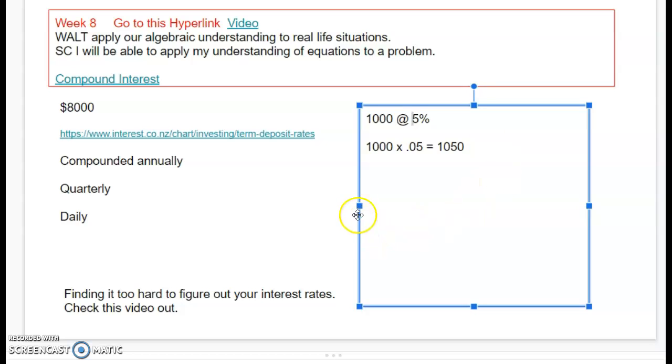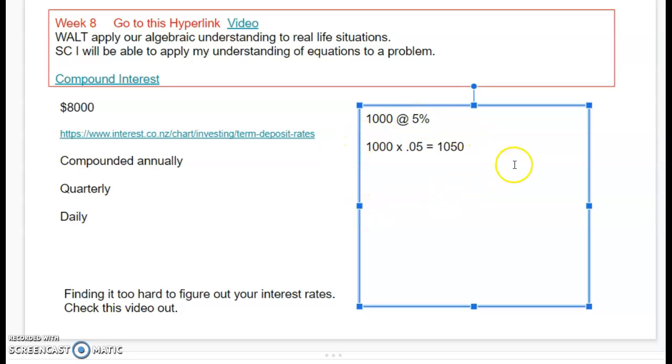And then that money would be reinvested, and it would be 1,050 times 0.05, and so on and so on. So that's pretty simple to work out, although it would take you a while over 12 years, 12 times to work it out.